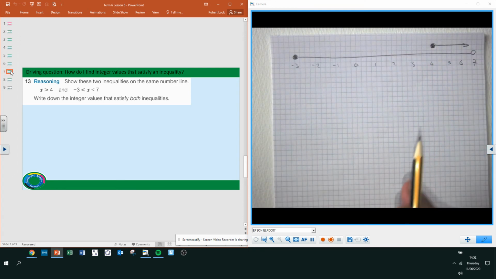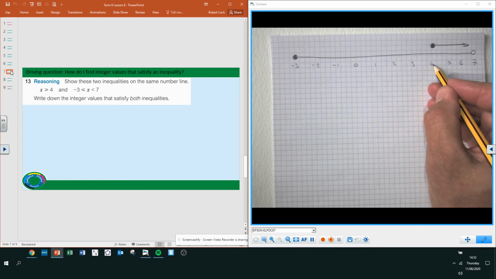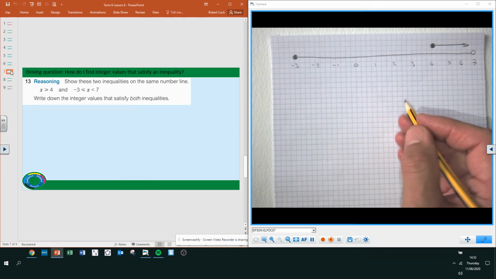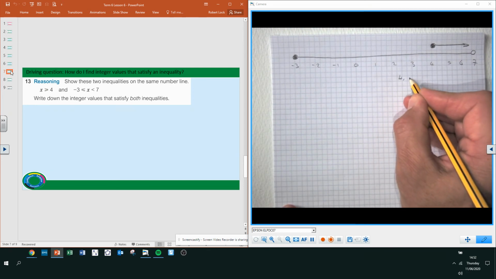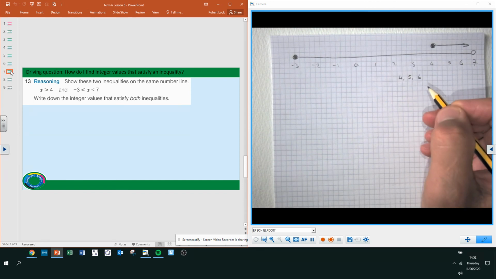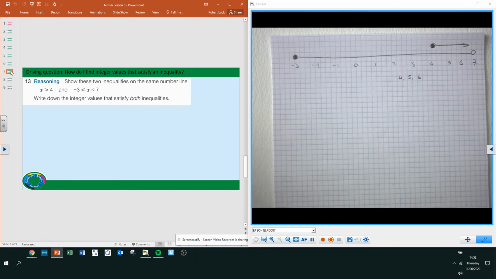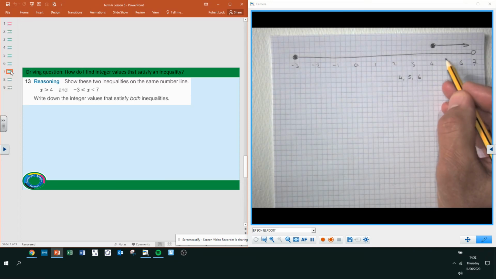The values that satisfy both are 4, 5, 6, 7. Not 7, because 7 is not included in here. So the only numbers included on both lines are 4, 5, and 6.